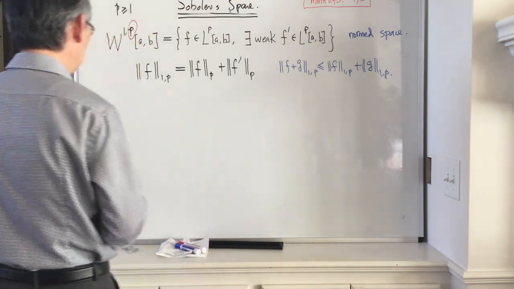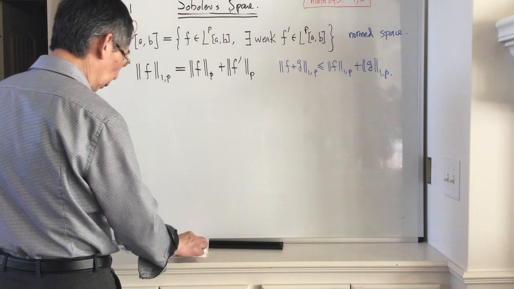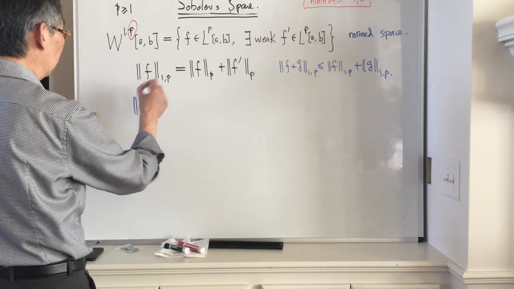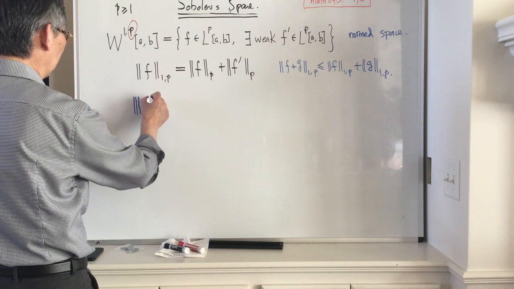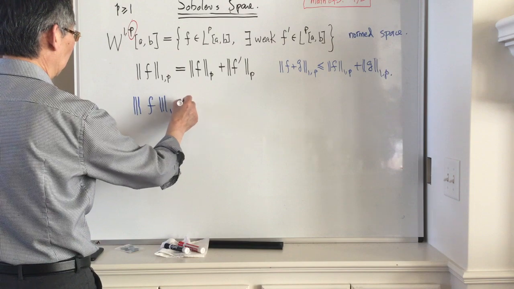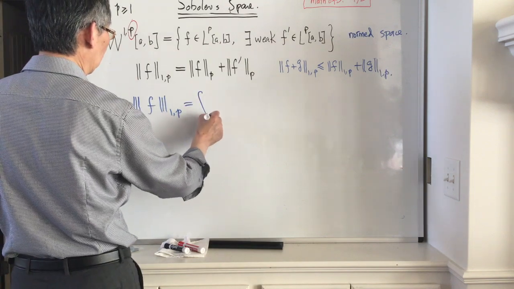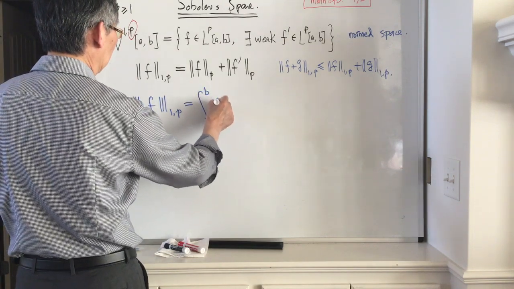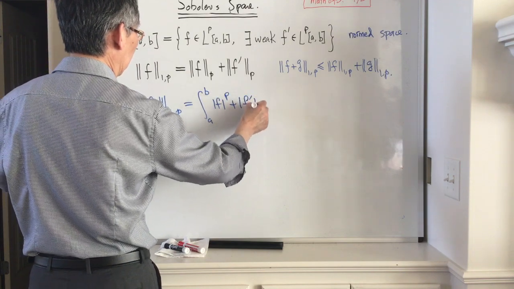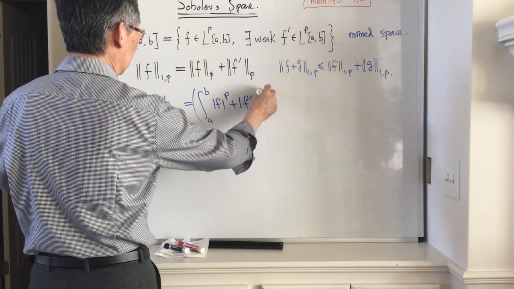In lots of textbooks, they define the norm in a slightly different way. I'm going to just invent another notation, like this: the integral over AB of the absolute value of f to the p plus the absolute value of f prime to the p, all to the power 1 over p.